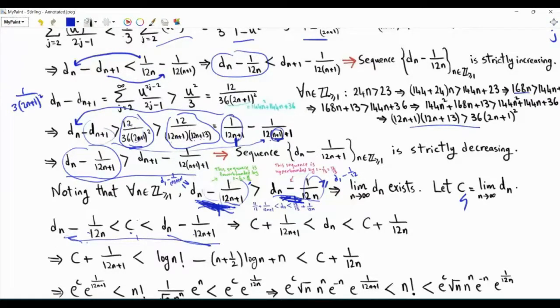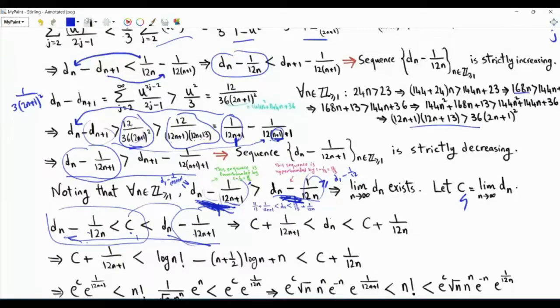So this inequality, which is written in such a way that c is bounded, can be easily modified so that we have dn in between, right? If we move this term to the other side, then we have c plus 1 over 12n plus 1 is less than dn. And then focusing on this side, dn itself is less than c plus 1 over 12n.